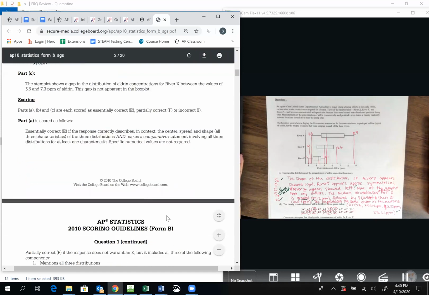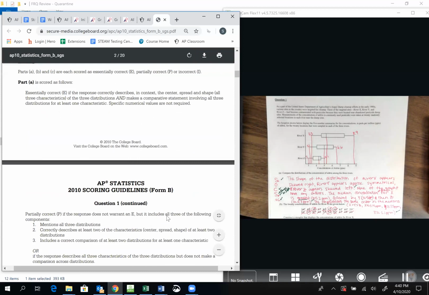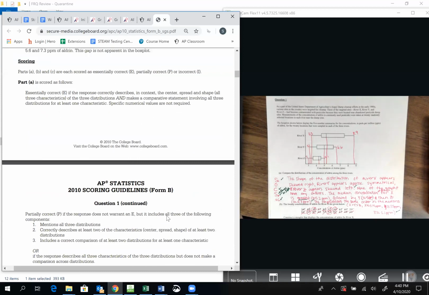Let's see what partially correct is. So partially correct if the response does not warrant an E, but it includes all 3 of the following. You mention all 3 distributions, so you talk about X, Y, and Z. You didn't just describe one graph.